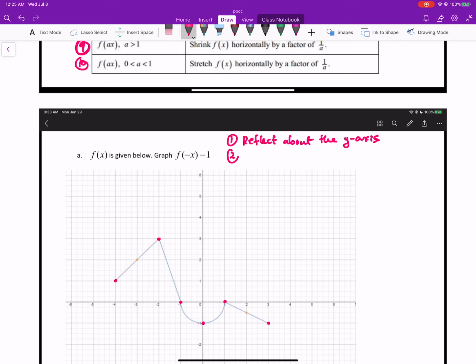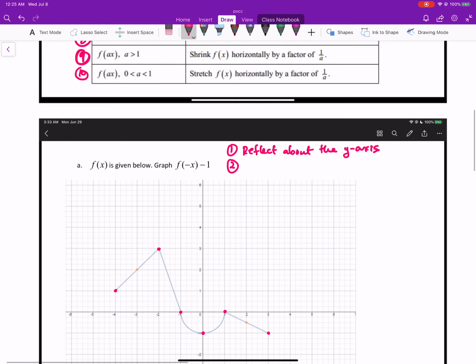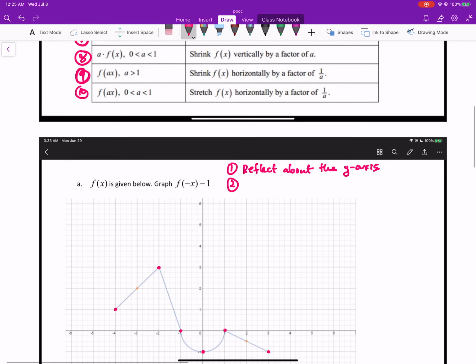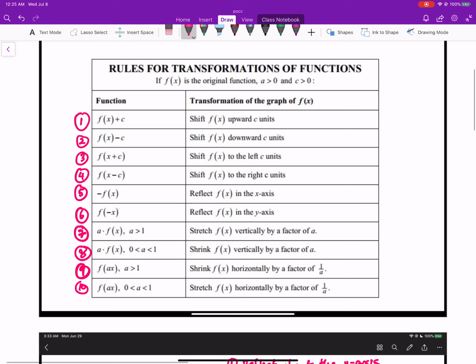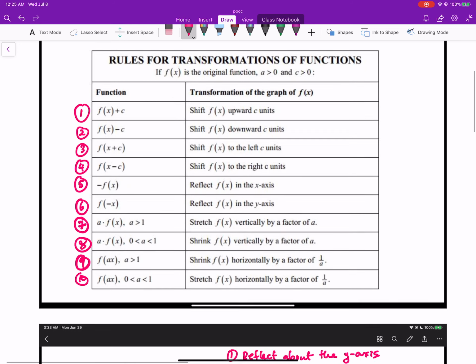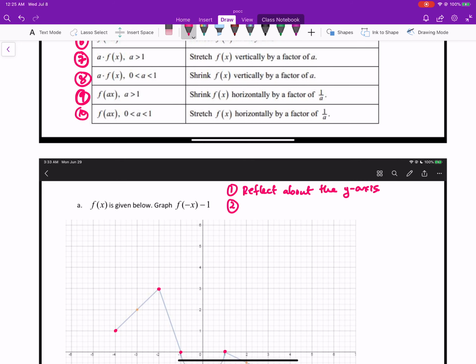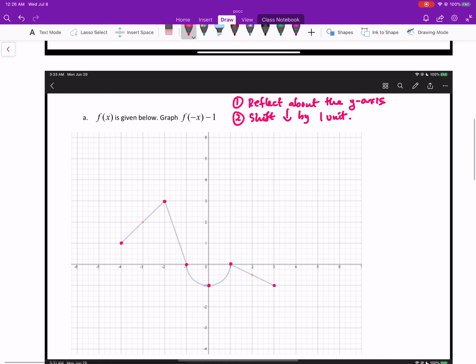And then step 2, if you look at it as just the function minus 1, that's looking like number 2. So I have to shift it down by 1 unit. So I'm going to take these two pieces of information, I'm going to take each of the points and do this two-step process.